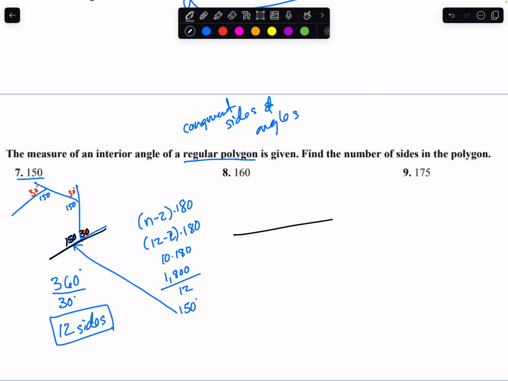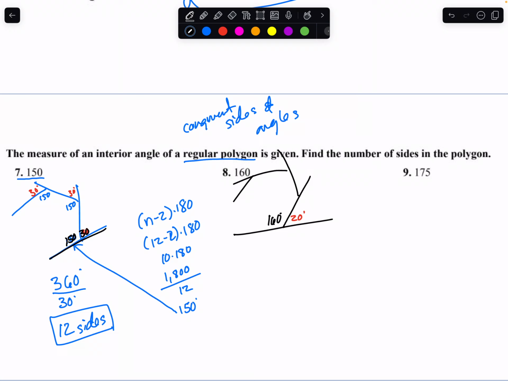Notice how here, as an example, I have 160 degrees, which means if this is 160, the exterior angle will have to be 20 degrees. Now, this is also another polygon. I don't know the number of sides, right? This is just me focusing on one angle in particular.